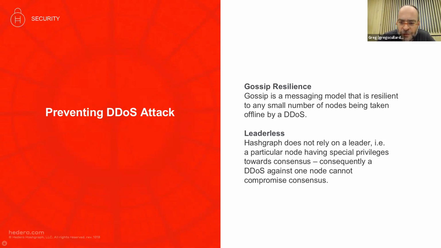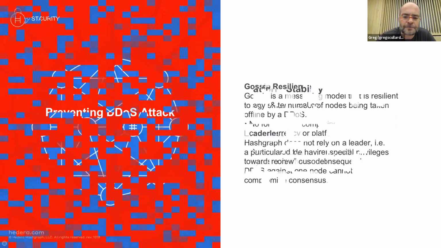And we're also leaderless, which I mentioned earlier, which means that if somebody were to take out a single node through DDoS, then the entire system is not compromised because the other nodes will continue gossiping and virtual voting, and consensus will occur.